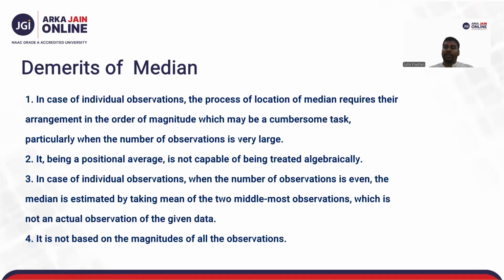So if the data set consists of a huge number of data points, you will have to arrange them in a proper order, whether ascending or descending, and only then will you be able to find the median or middle value. It doesn't matter whether the number is odd or even, but you will have to arrange them. For a larger data set, it is a very difficult, very rigorous process. So it is one of the demerits of median.